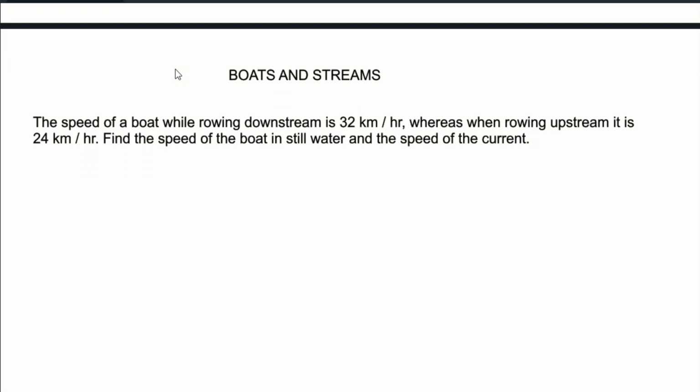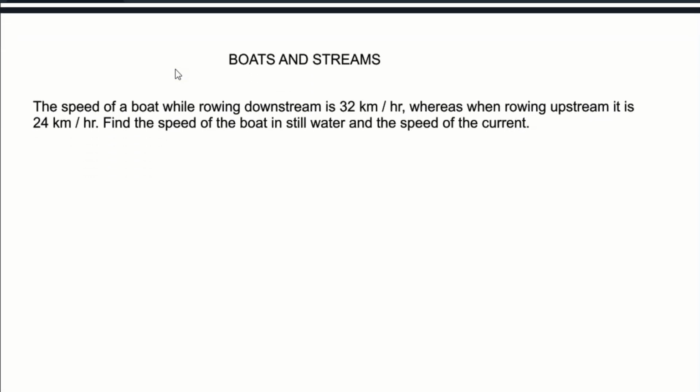Let us see. The speed of the boat while rowing downstream is 32 km per hour and rowing upstream is 24 km per hour. It is asking you to find the speed of the boat in still water and the speed of the current.